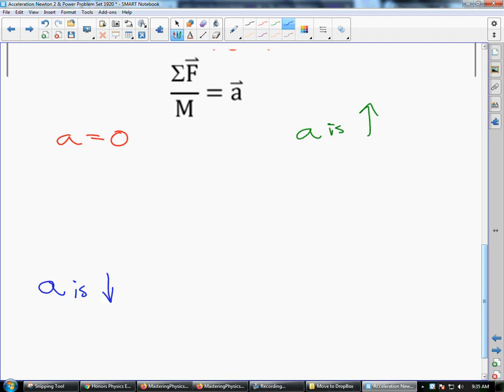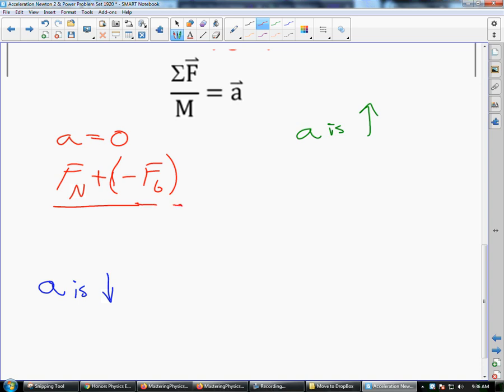So for the sum of my forces, I'm going to put in, and this we're doing in red, force normal plus a negative force of gravity, and then over my mass.